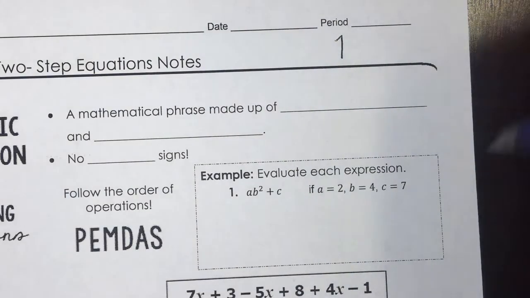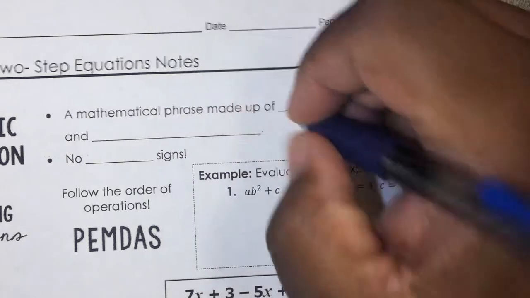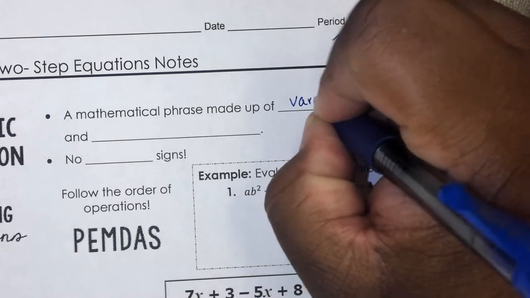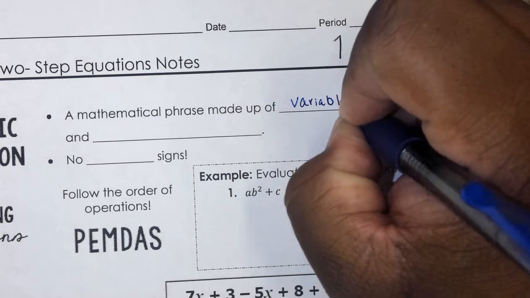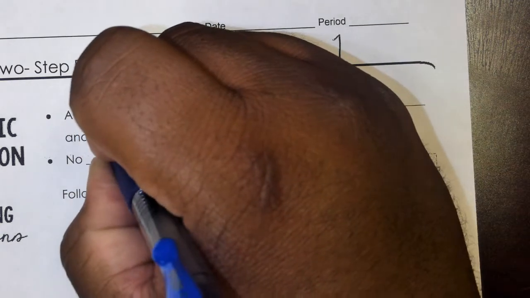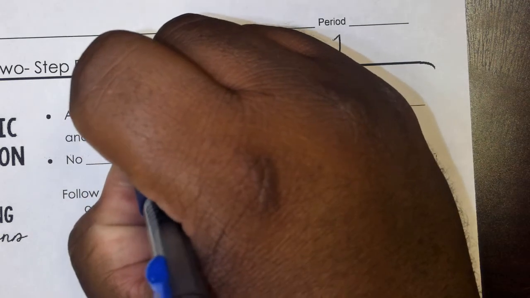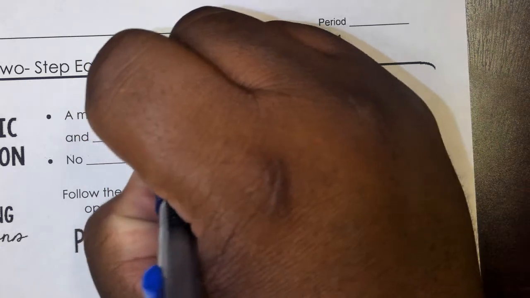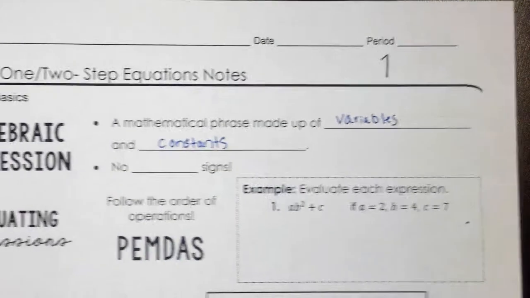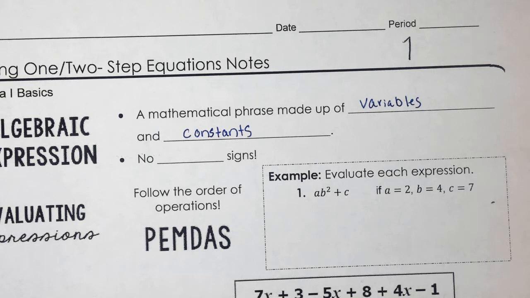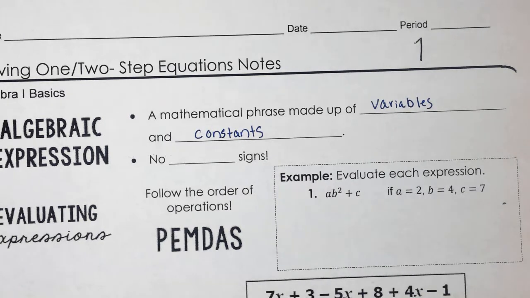Okay, so a mathematical phrase made up of variables and constants is what's known as an algebraic expression. We call it an expression instead of an equation because it has no equal sign.